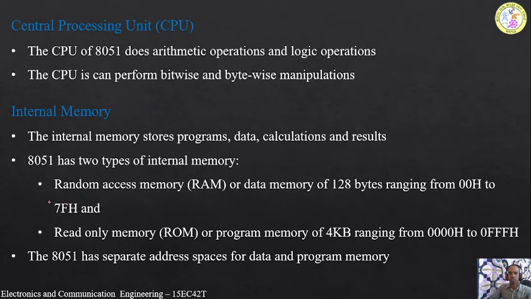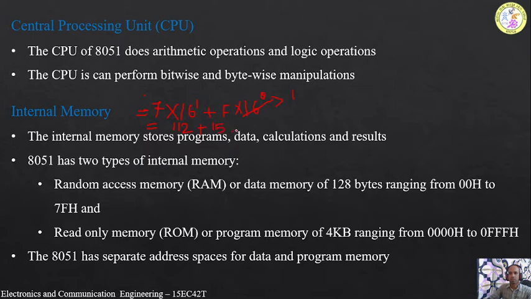We know the conversion from hexadecimal to decimal. For 7F, we write 7 multiplied by 16 power 1, plus F multiplied by 16 power 0. 7 into 16 is 112. 16 power 0 is 1, and 1 into F is 15.